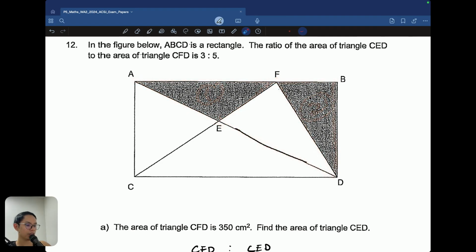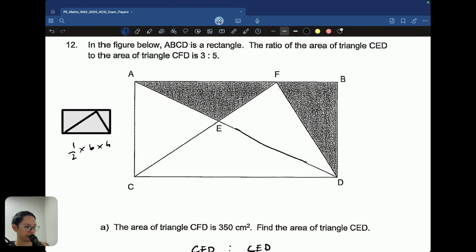Okay, so if you remember, any triangle in a rectangle or square, no matter how it looks, if both of the ends are at the end over here, it's just half times base times height. And we already know half of the area.